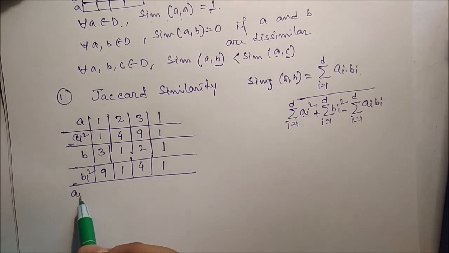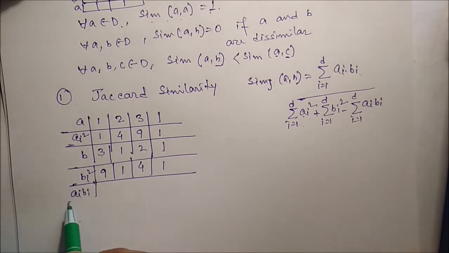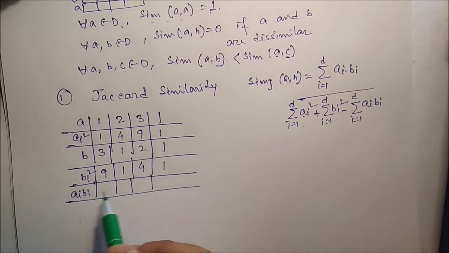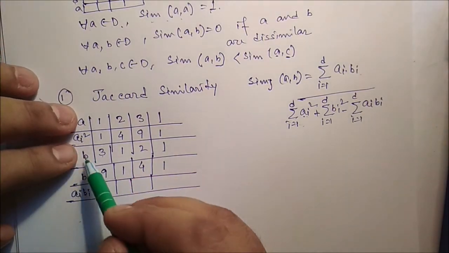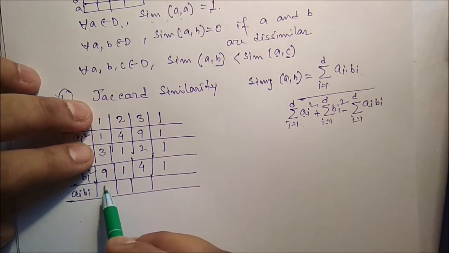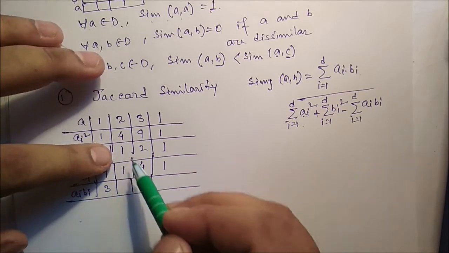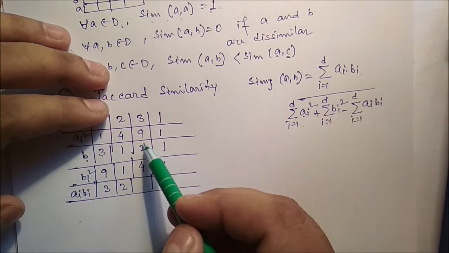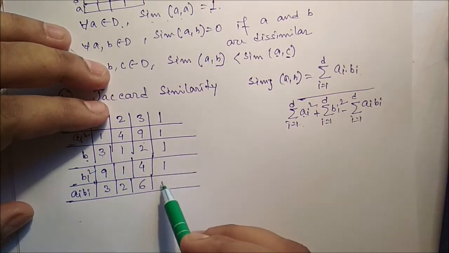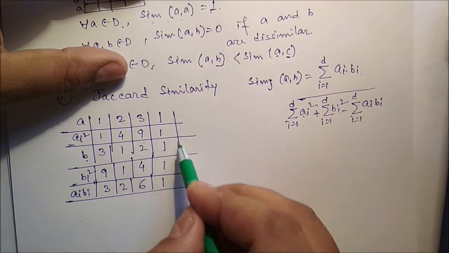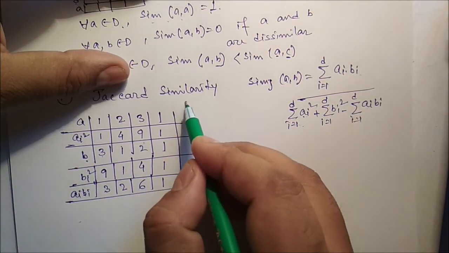And similarly we have to calculate AiBi. So AiBi is 1 into 3 is 3, 2 into 1 is 2, 3 into 2 is 6, 1 into 1 is 1. And we have to apply summation.